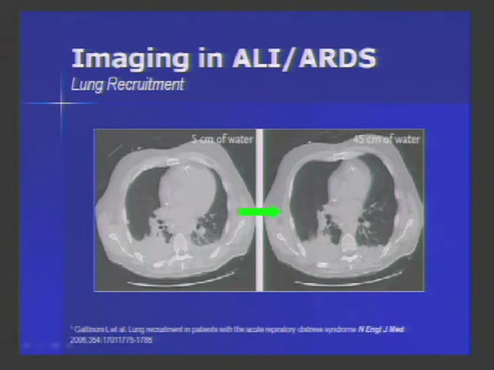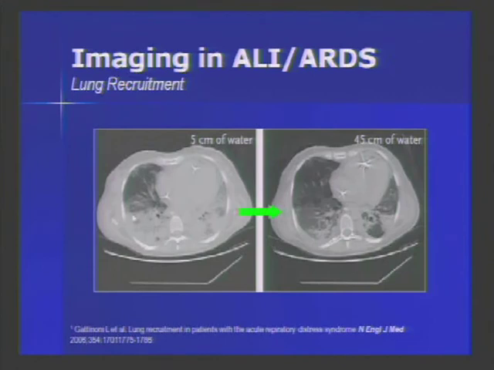And so if you can see here, this is taken from their paper published in the New England Journal 5 years ago. You can see that by applying PEEP, going from 5 centimeters of PEEP pressure up to 45 centimeters, there was actually very little morphological difference. By contrast, in another patient, you can see that the same increase in PEEP pressure makes a significant difference morphologically.